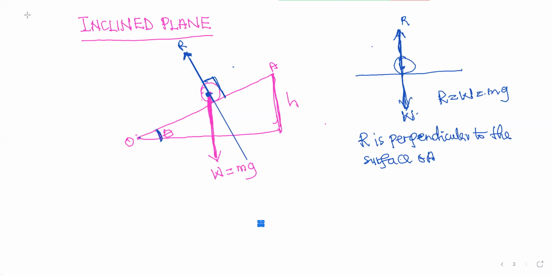So this is a line extending the reactional force downwards. Then look at something. We want to determine the angle between the reactional force and the weight. This angle.